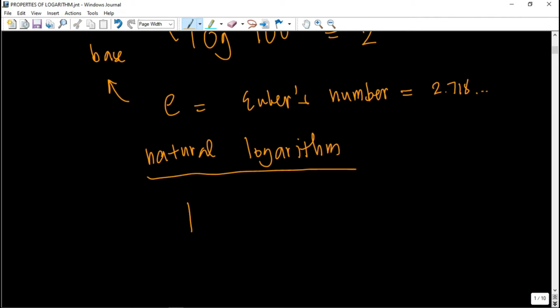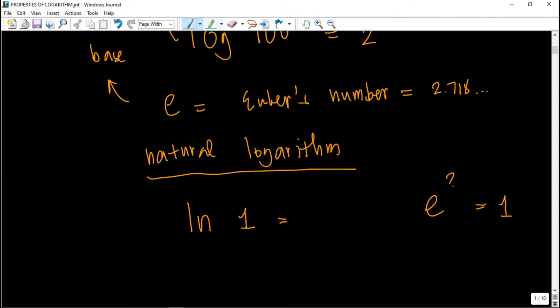We have here ln. When it is ln, we no longer put the base e, because for a natural logarithm, its base is considered to be e. So no need to put e here. So let's say ln 1. ln 1 is equal to, let's go here, what should be the exponent of e, since for ln the base is e, in order for us to get 1?